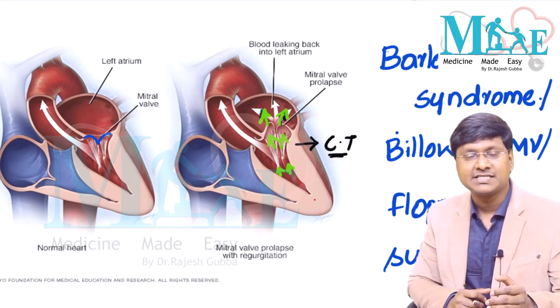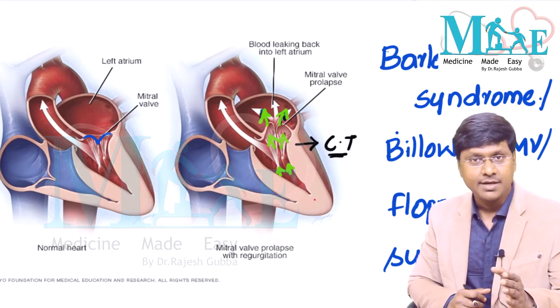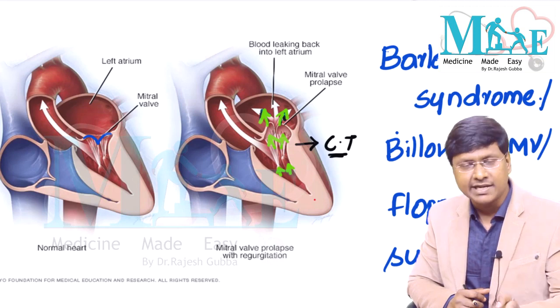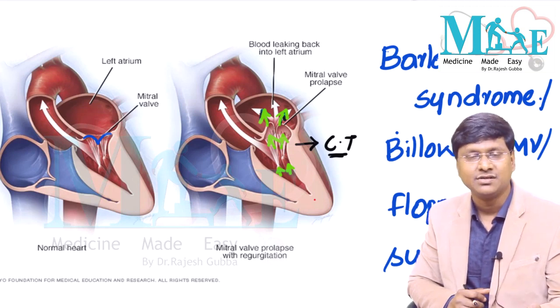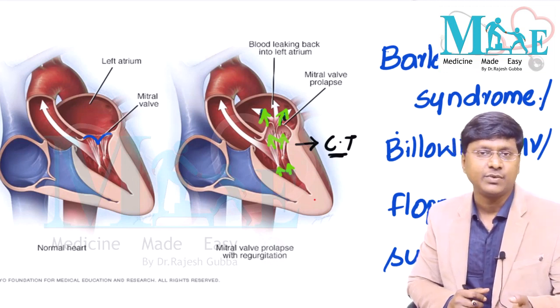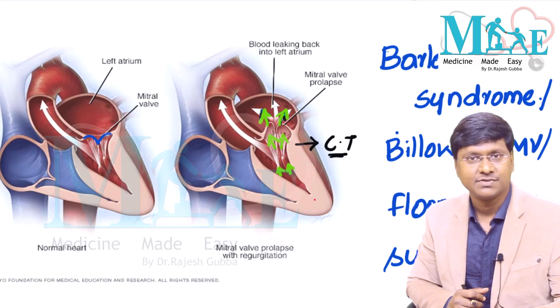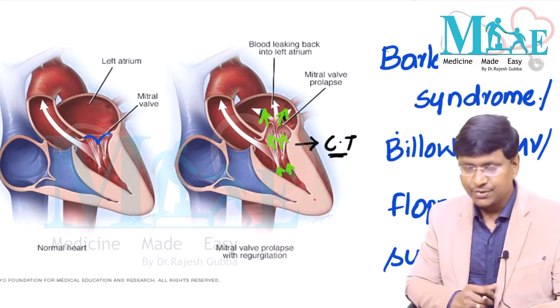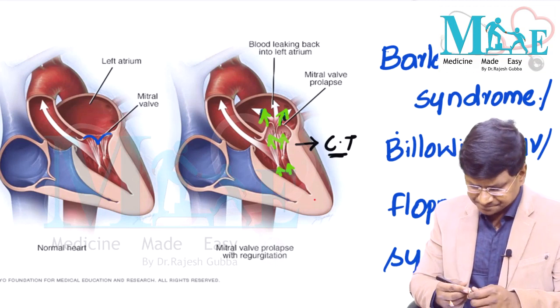So, once the maximum extension of the chordae tendineae is over, they suddenly get stopped. Now, the point where they suddenly stop their further extension will be auscultated as a click. Now, there are multiple chordae tendineae. That is the reason why you get the multiple clicks. Is that clear?